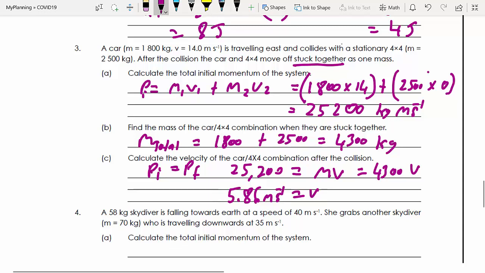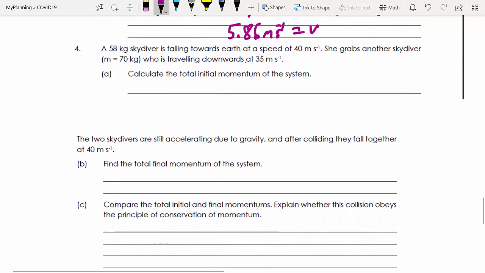Question 4, a 58 kilogram skydiver is falling towards the earth with a velocity of 40 meters per second. She grabs another skydiver with a mass of 70 kilograms who's traveling downwards at 35 meters per second. Calculate the total initial momentum of the system. This is a disastrous question. All right.